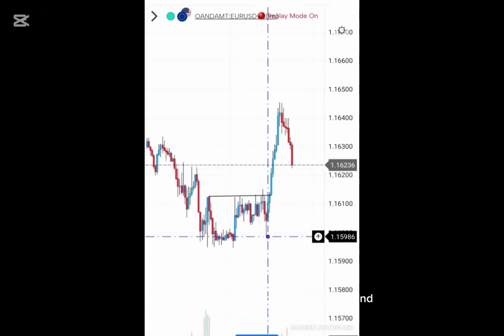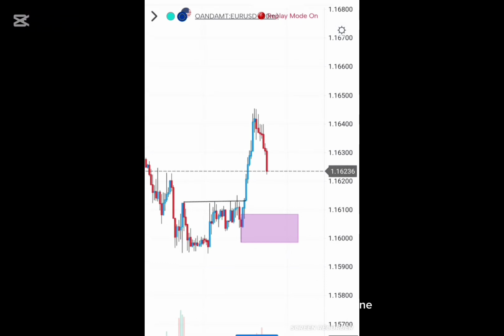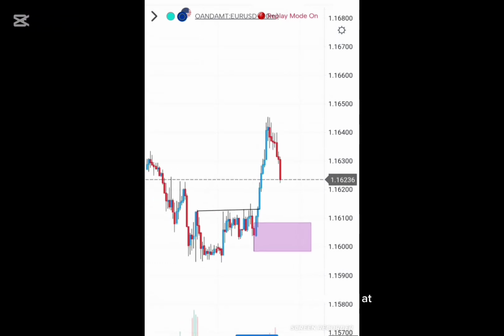This is our demand zone from this point around this point. As you can see, we have our demand zone, and most probably we are going to look at the supply zone. The supply zone is simply the area of decreasing price action.